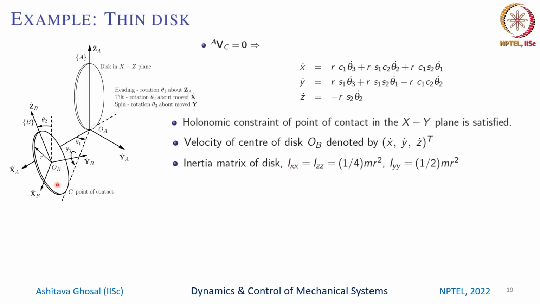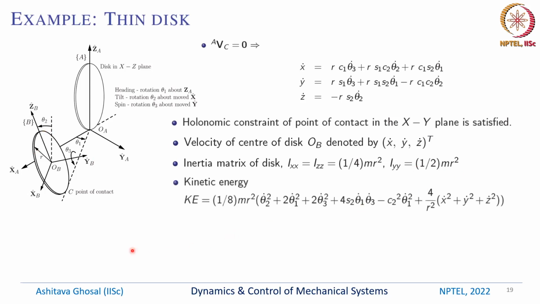So IXX and IZZ, where the XZ plane is the plane of this disk, are both equal to 1/4 mr square, and IYY, which is perpendicular to this disk, is 1/2 mr square.